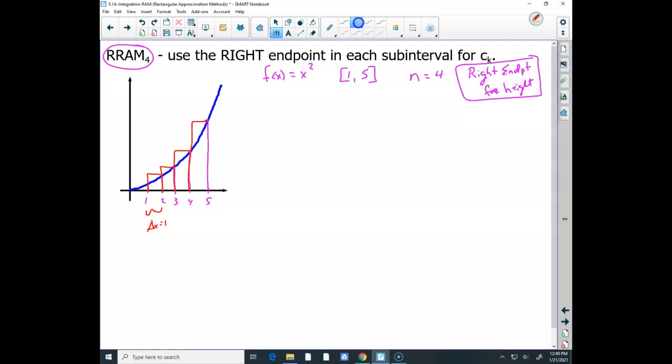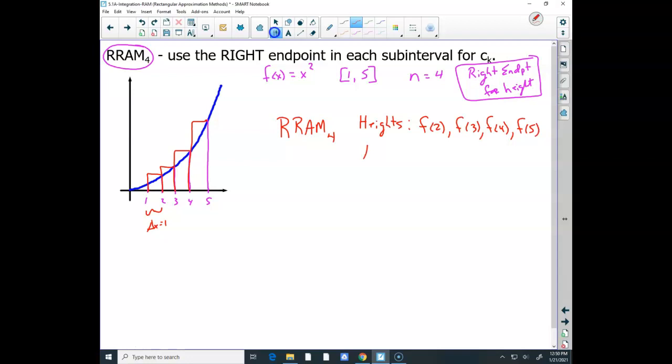But now as I'm coming across here, my right RAM of 4 is going to equal, okay, I have heights. My heights are going to come from where? My heights are going to come from f of 2, f of 3, f of 4, and f of 5.